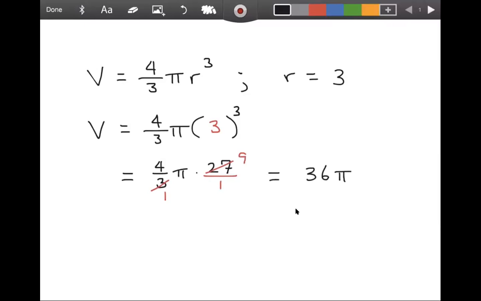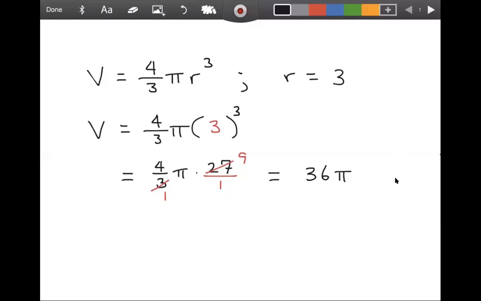This happens to be the exact answer, but they asked us to use a calculator approximation for pi. So I've got my calculator ready here.